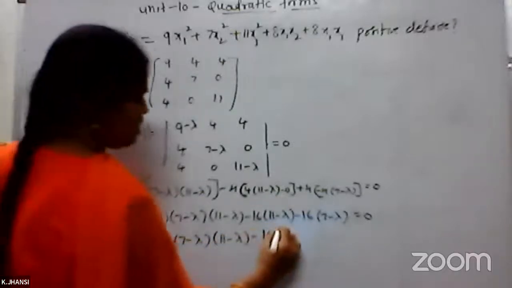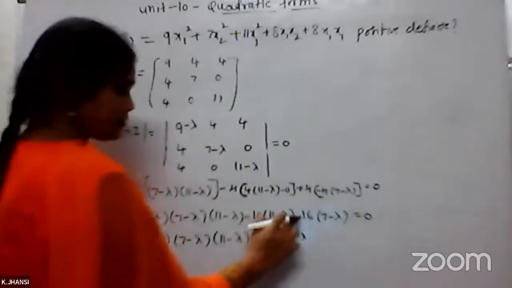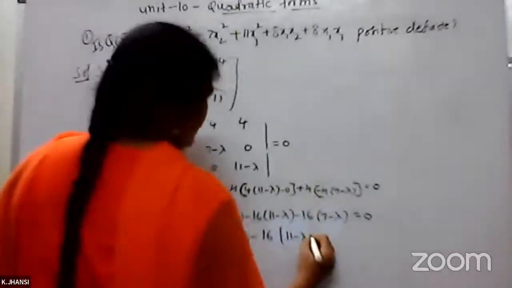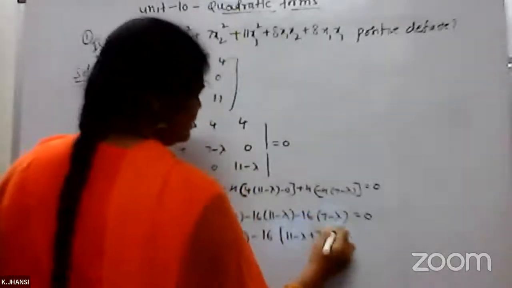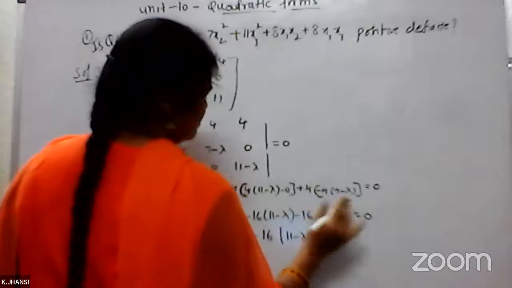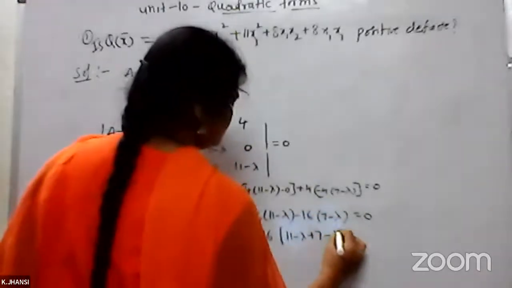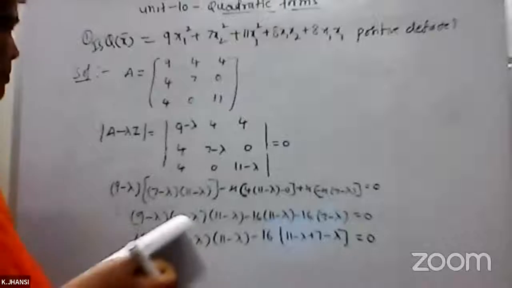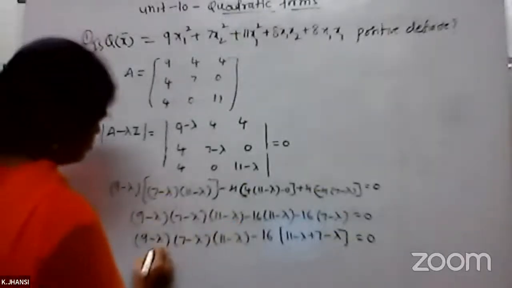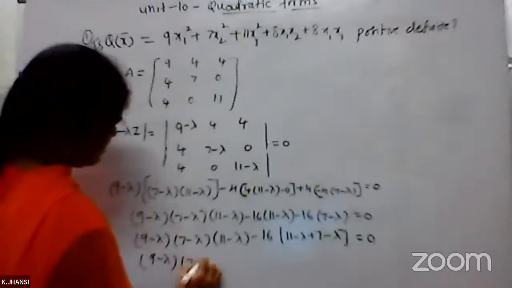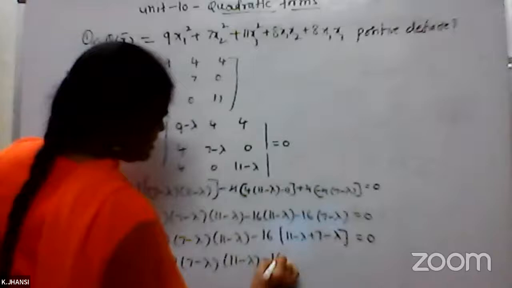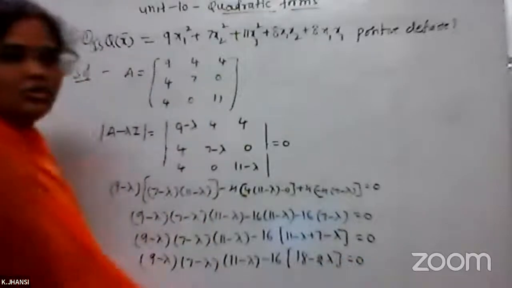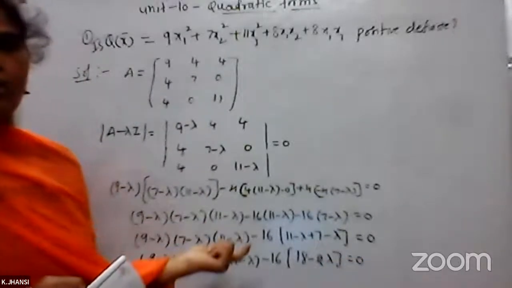Don't split this one, keep it like this only. Here 4 fours are 16, so minus 16 into 11 minus lambda, and also minus 16 into 7 minus lambda. If you split this, you will get very high values. By taking common, we can easily find the roots of the given equation. Taking minus 16 common, you will get 11 minus lambda plus 7 minus lambda. So it is 9 minus lambda, 7 minus lambda, 11 minus lambda, minus 16 into 11 plus 7, which is 18 minus 2 lambda. Like this you can solve any polynomial.